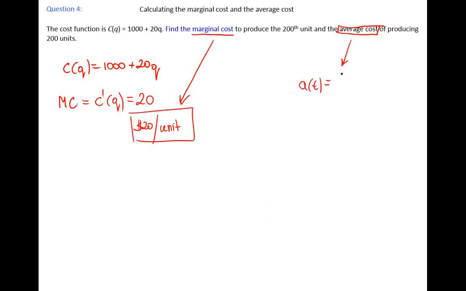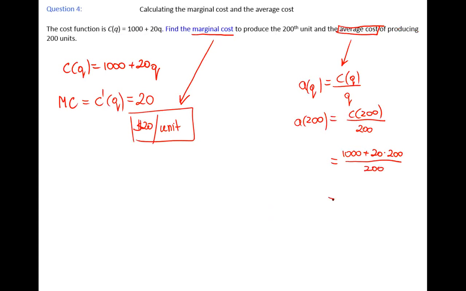It's still the same. C, the total cost, divided by the number of units, why am I putting T, I really should put Q. This will be the cost for 200 units divided by 200. We went through this one. 1000 plus 20 times 200.